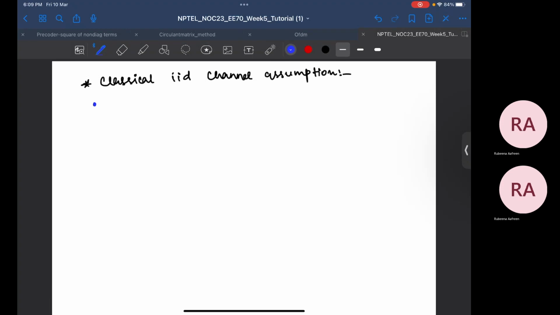The first assumption is that delay spread is negligible. And the second assumption is that we can model H, the channel matrix, as zero mean, circularly symmetric, complex Gaussian with unit variance. So we will see what each of these terms mean.